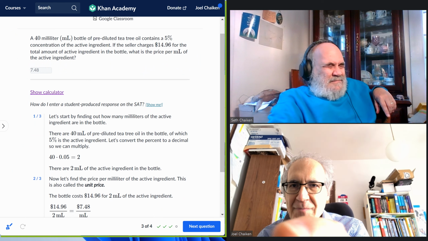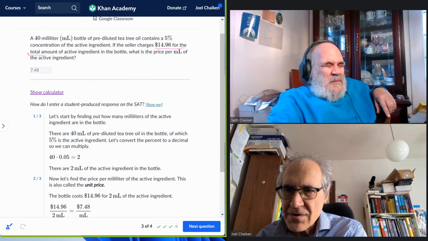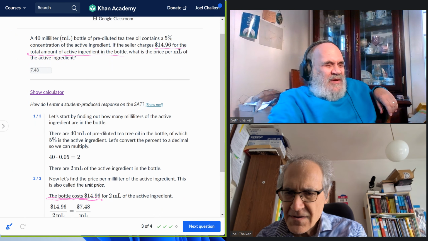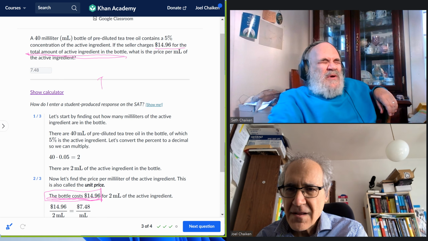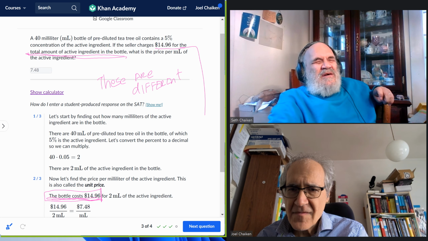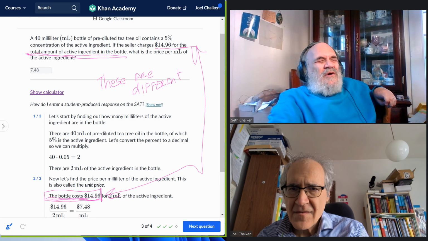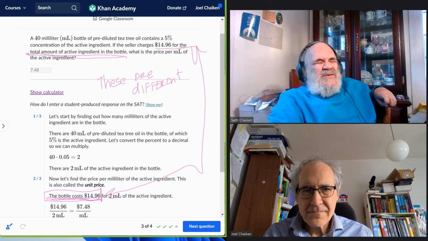So I think the moral is, when a problem is poorly formulated and you encounter it on the SAT and you're trying to answer it, make the simplest reasonable reformulation.